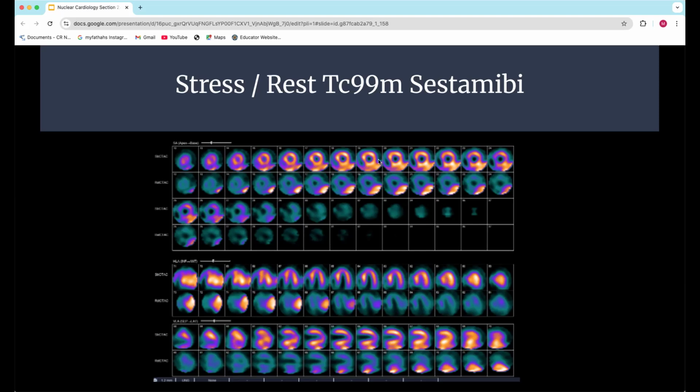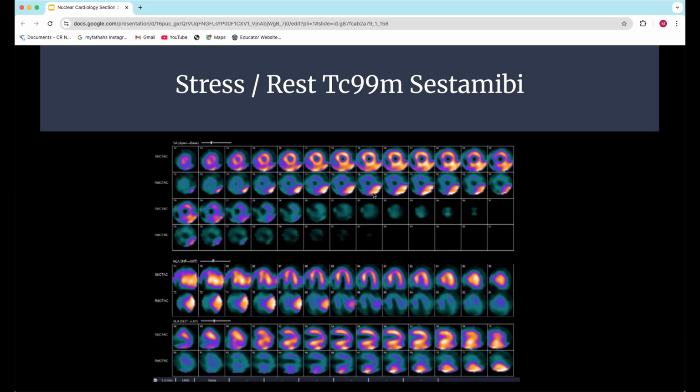So this is a scan that was done, and you've got your stress on the top, rest on the bottom. So here's what happened. This tech imaged this heart, and they imaged it right away. They did not wait. You can see the rest scan. If you were to look at this rest scan on its own, you might look at it and go, wow, I can see this huge amount of gut, right? So this is your hepatobiliary clearance.